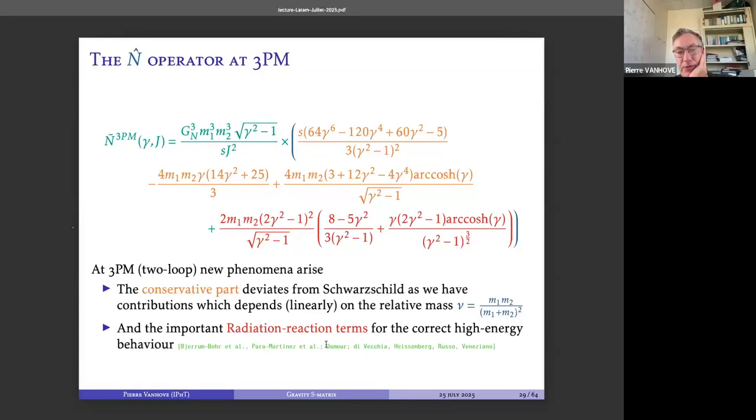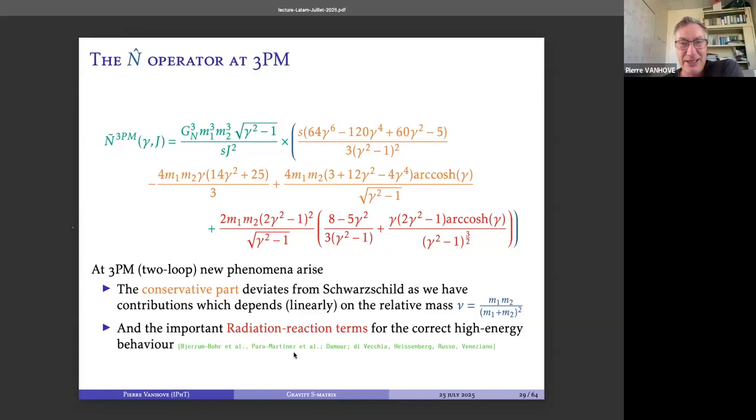And it has been done by many people, like me with Émile Bjerrum-Bohr, Paul Damgaard, Ludovic Planté, as well as Bern and Julio Parra-Martinez and company, and the group of Gabriele Veneziano, Paolo Di Vecchia, and Thibault Damour. There are many people who contributed, and it was important to make sure that what we are doing is the right thing.